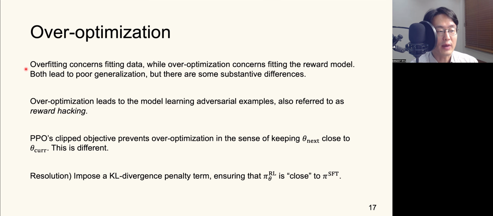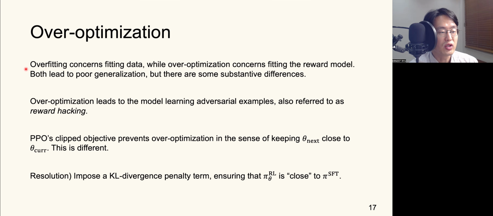The term over-optimization is chosen to describe something that is similar to the classical notion of overfitting, but slightly different. Overfitting concerns fitting data, while over-optimization concerns fitting a reward model. Both overfitting and over-optimization lead to poor generalization, poor end performance, but there are some substantive differences between these two failure modes.